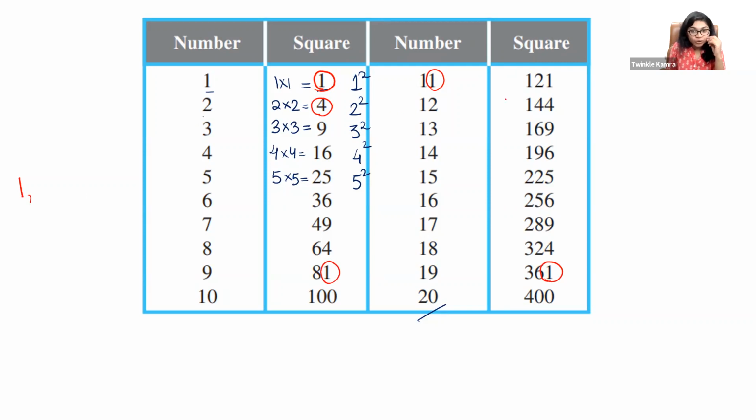Now I see 4 here, here, and here, so 4 is also coming. Then 9 is also there. Then 6 is coming at the units place on squaring. 5 will come, and of course 0 will come. Similarly, see 1, 4, 9, 6, 5, 6, 9, 4, 1, 0. We have written all those digits.